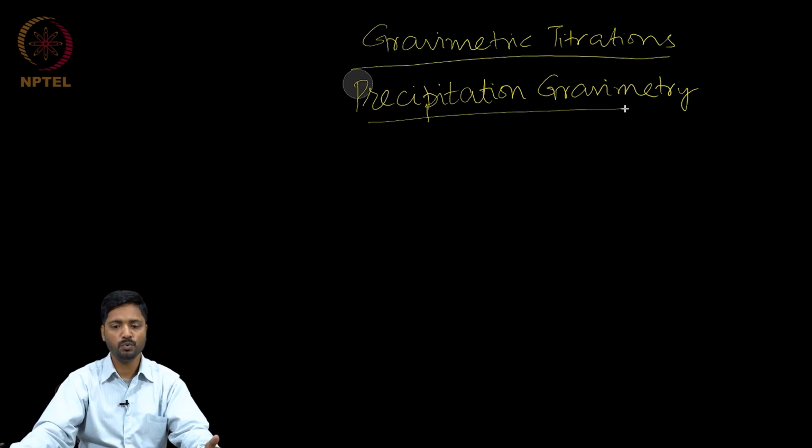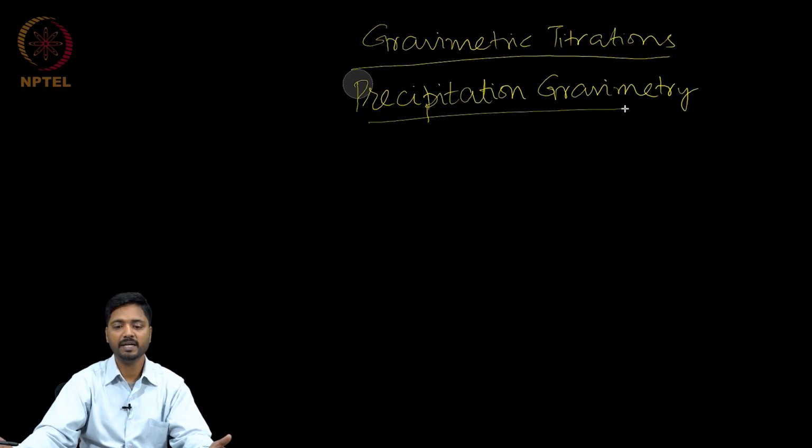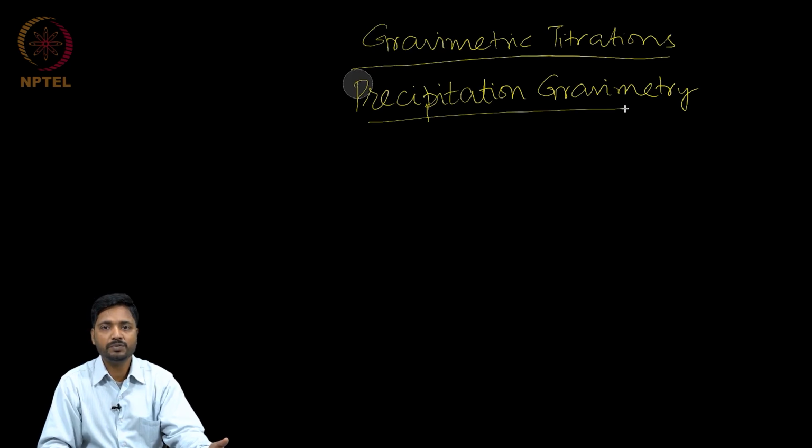This is more of a practical consideration when we are undertaking precipitation gravimetry, because the quality of the precipitate will decide how easy its purification and its separation from the reaction mixture would be.